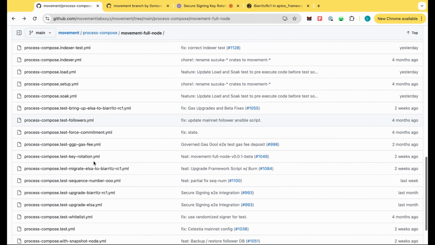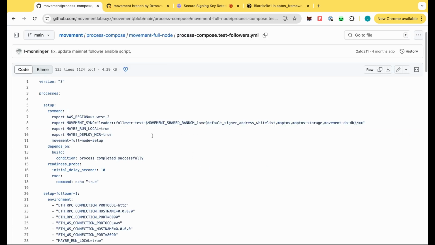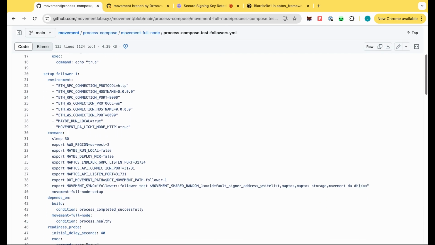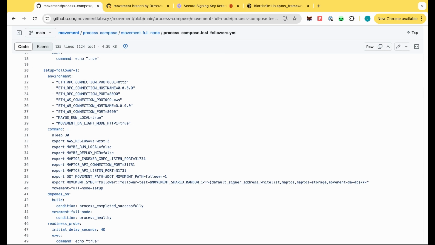A lot of this stuff is stitched together with utilities that are worth trying to find bugs in, particularly those related to syncing. In test followers, you'll see this movement sync environment variable. That's something that's good to trace through our code and take a closer look at and help you understand how we're doing the follower node syncing and whatnot as well.